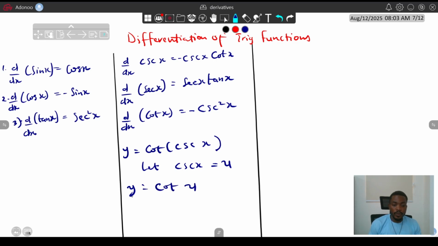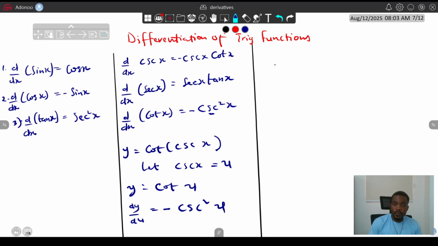Okay? So to find dy/du, what is the derivative of cot u? The derivative of cot x is negative cosec squared x. So the derivative of cot u with respect to u is negative cosec squared u, according to this. All right.